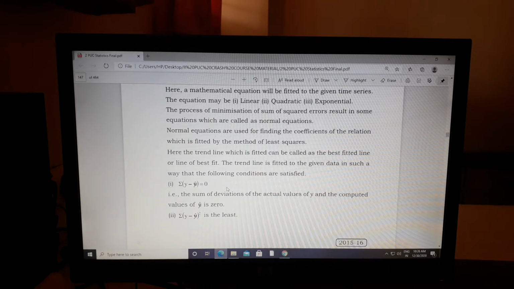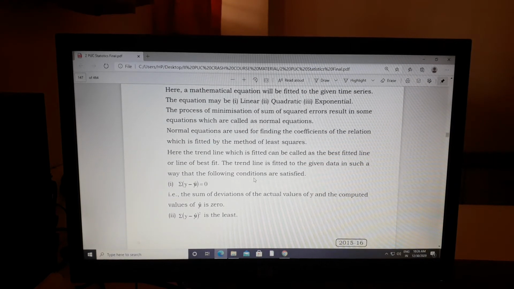Actual values means given values and computed means trend values which you calculated from the best fitted line. Clear? So this is what we are going to observe in the least squares method.